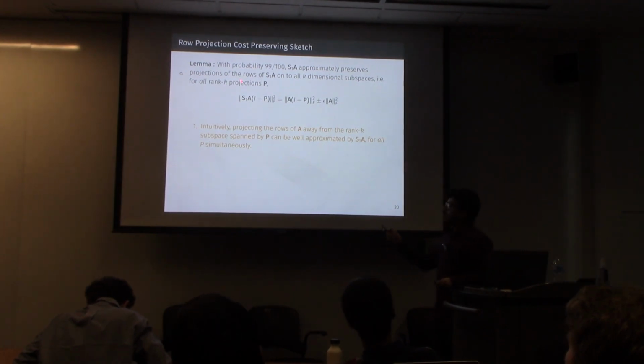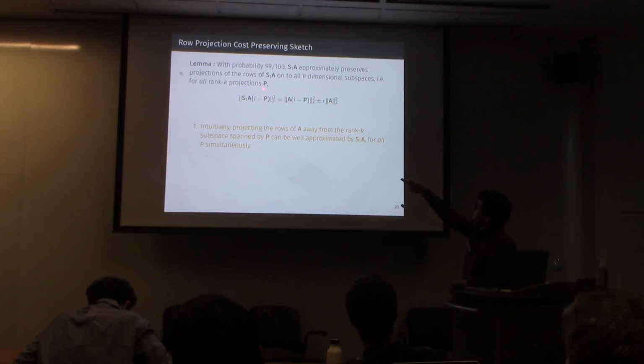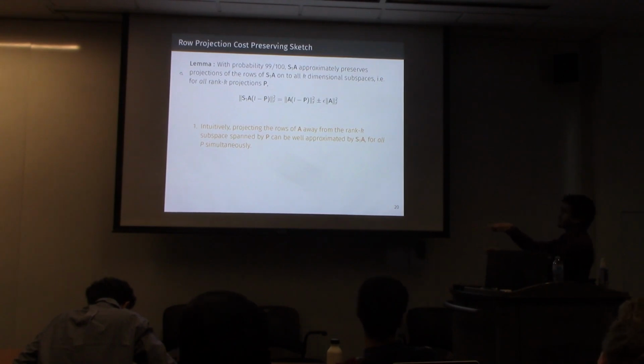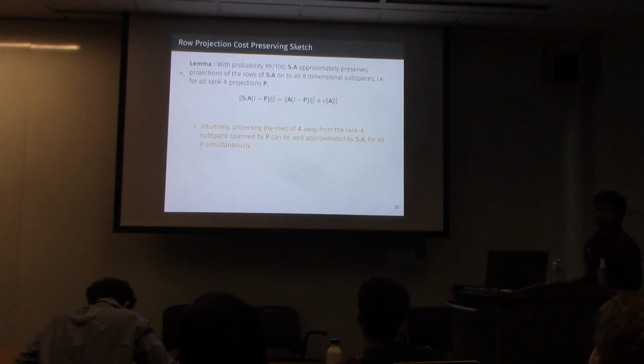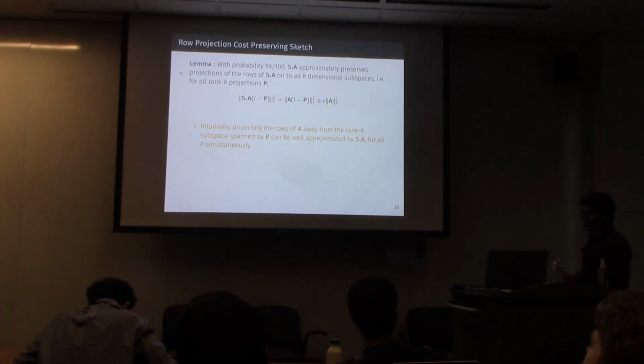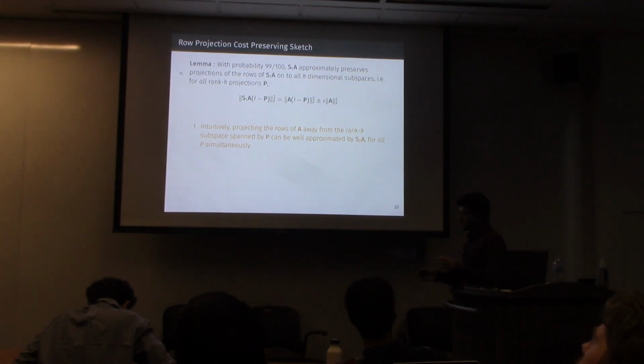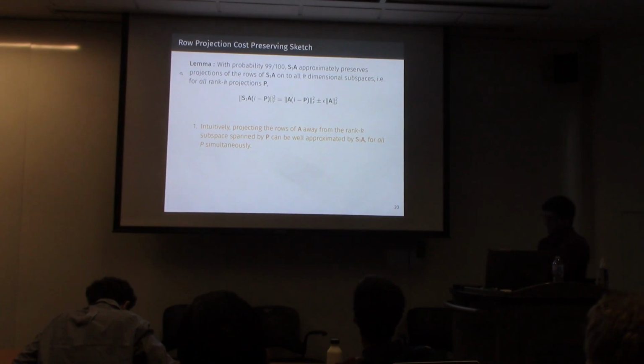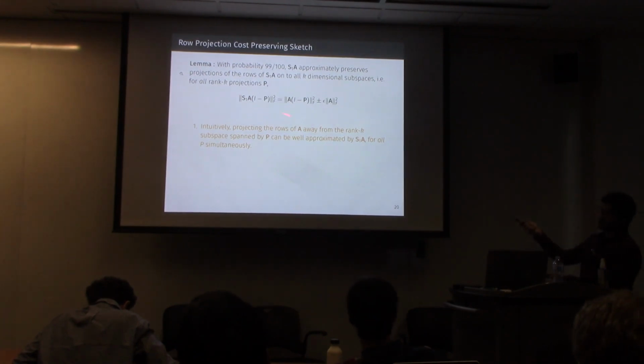If you project away from any rank K subspace, where P is the projection onto a rank K subspace, the projection away from the subspace is preserved up to this additive error Frobenius norm of A. So intuitively, if you want to apply this projection to your original matrix A, you might as well apply it to S1A, which is a smaller matrix. And this projection would be approximately the same.